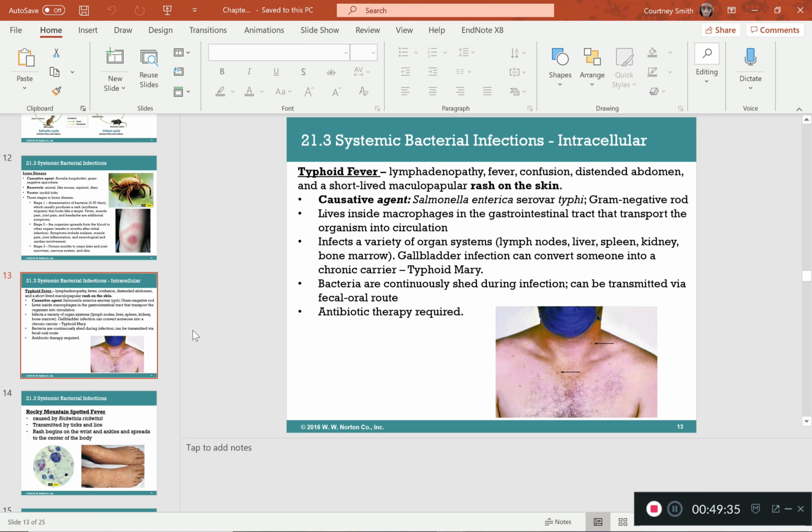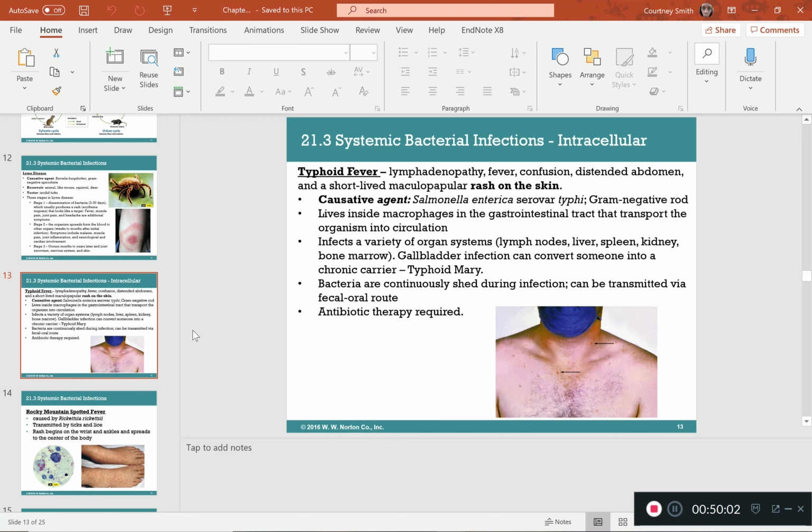Also, if the infection does continue to spread, so if it starts spreading to your gallbladder, causing issues there, a lot of times at that point you are called a typhoid Mary. I don't know the history behind that, but I don't know why they call it typhoid Mary. But in order to treat this, you treat it with antibiotics, and then for the most part, you're okay.